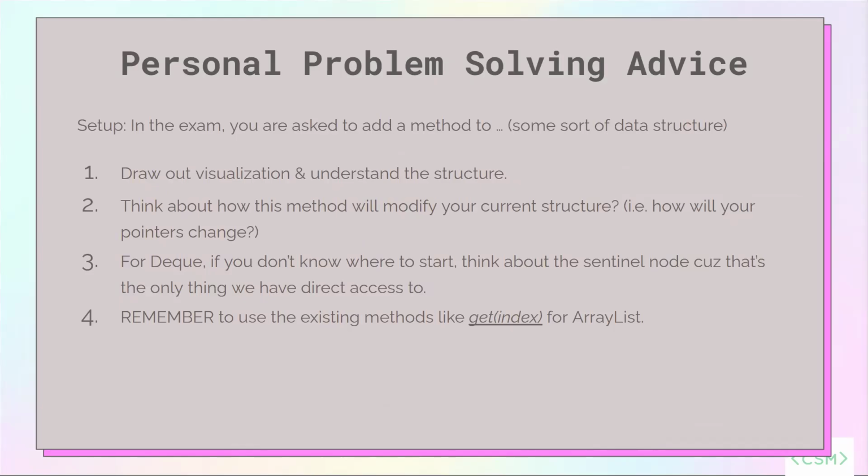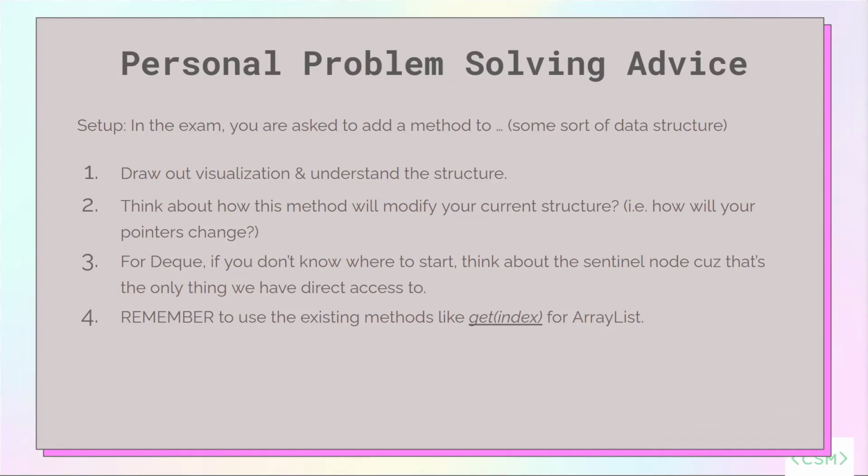So here is some of my personal advice for problem solving regarding those problems. For example, in an exam, you might be asked to add a method to some sort of data structure, like a deque or a doubly linked list. First, I recommend drawing out the visualization, understanding the structure, and thinking about how this method will modify your current structure.